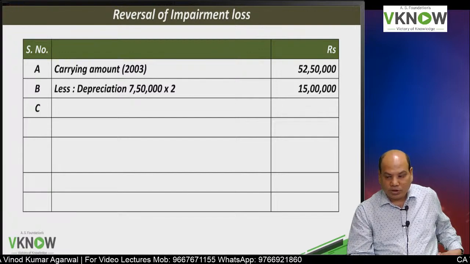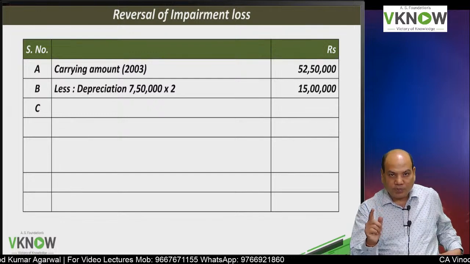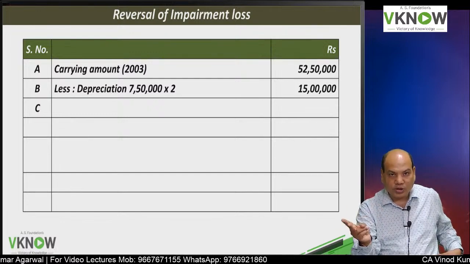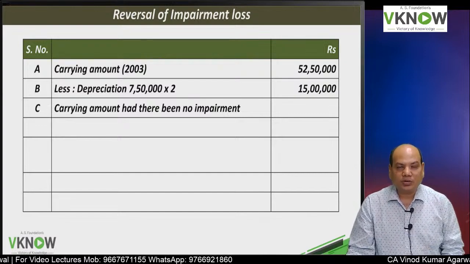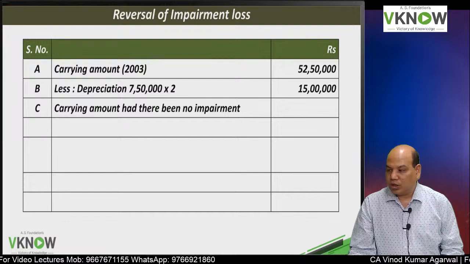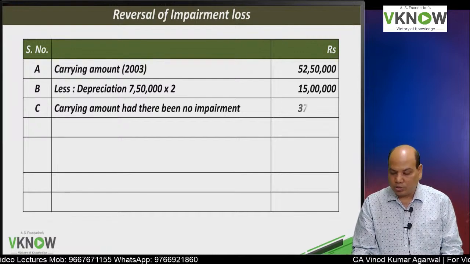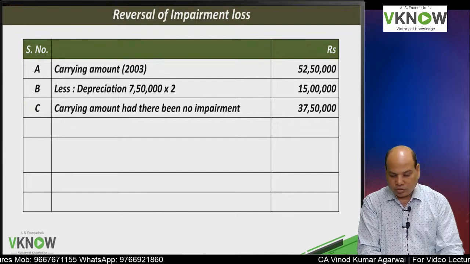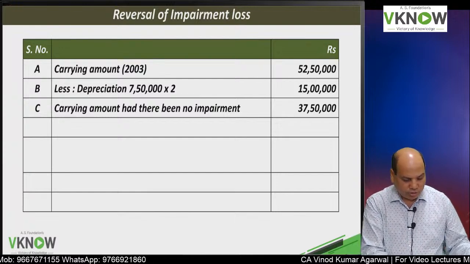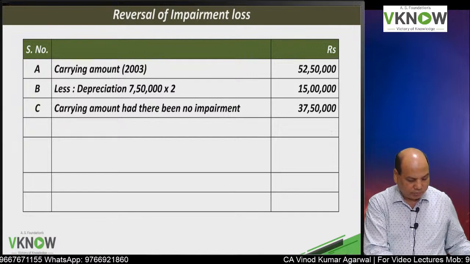So total depreciation for the next 2 years based on the original depreciation rate would have been 15 lakh. So write down notional carrying amount, that is carrying amount had there been no impairment.